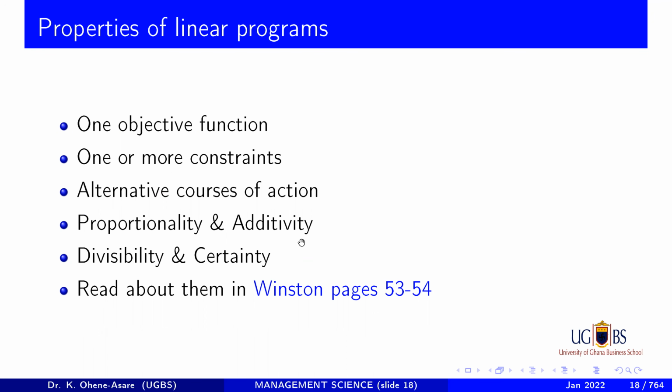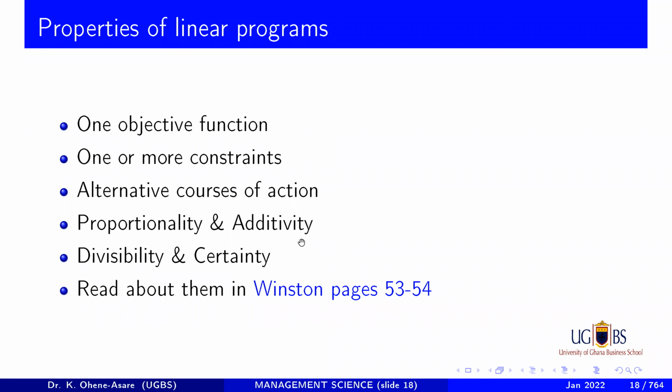One of the first properties to recognize is that there is one objective function. It is not multiple objectives, it's one objective. In next semester, you'll be dealing with multiple criteria decision making, which is known as goal programming. That one, there are multiple objectives.